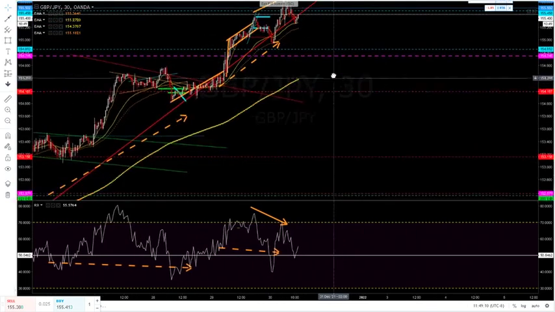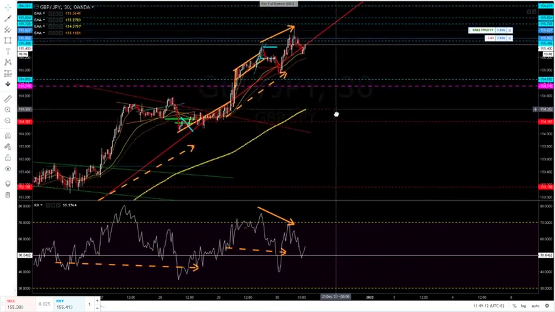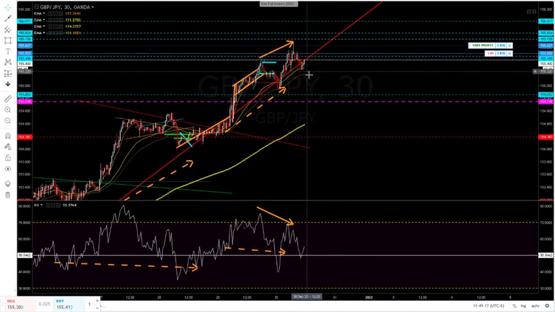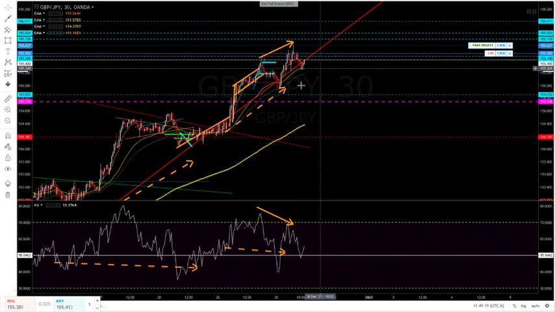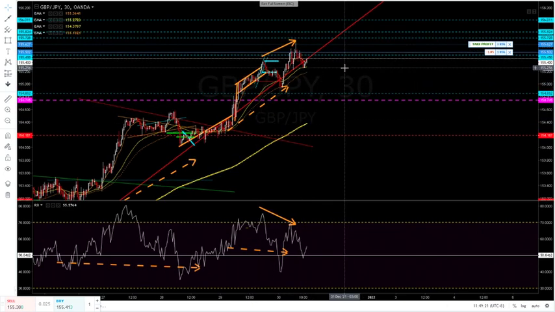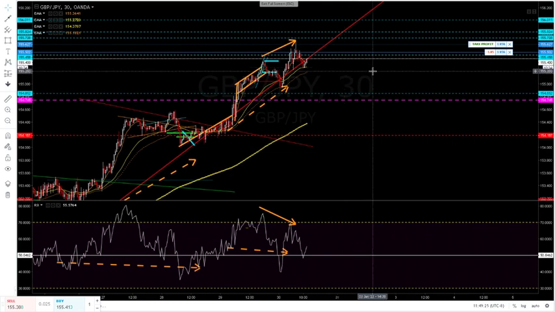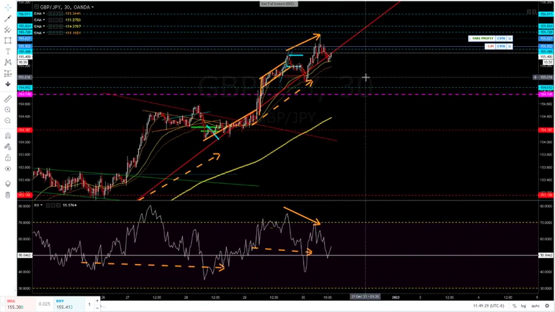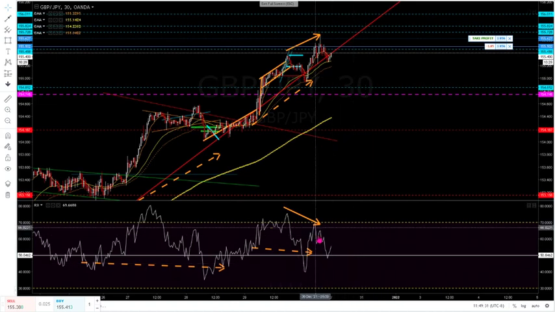If we do drop, it's probably going to drop down to this daily zone right here, or it may come back down to the monthly level. It actually may break this daily trend line, but this is something that I don't want to see. I'm already in the trade going long, but it looks like it's about to drop. But it may have already dropped if you see right here on the RSI.